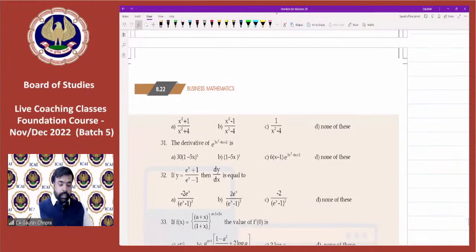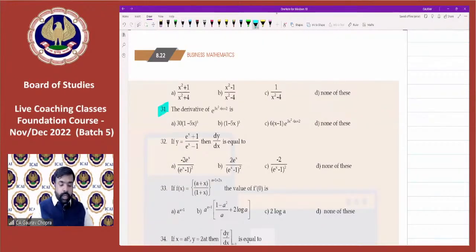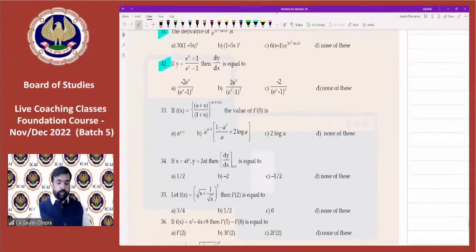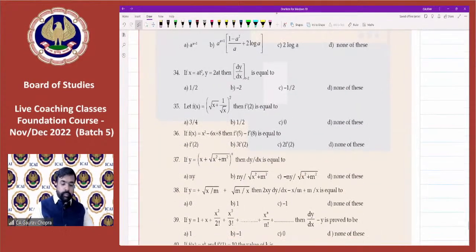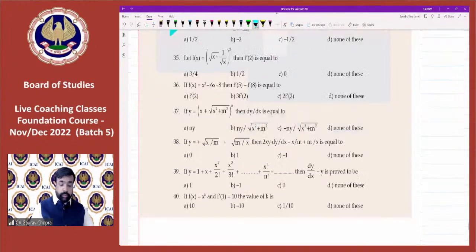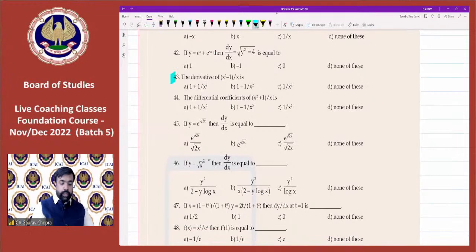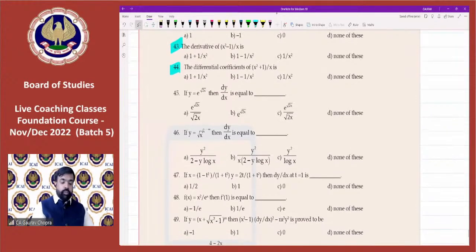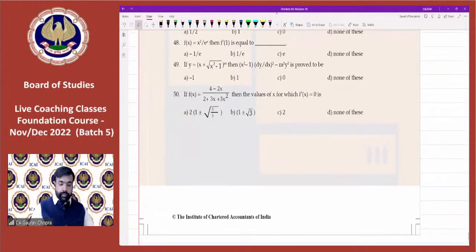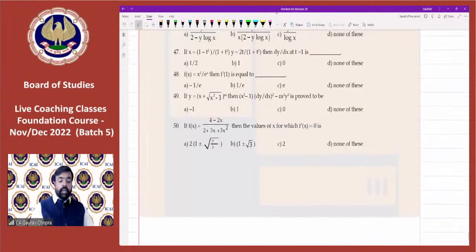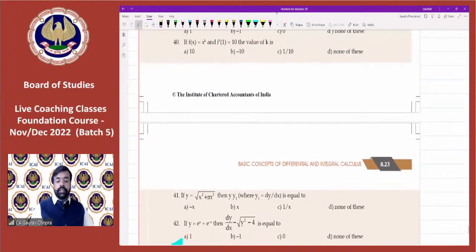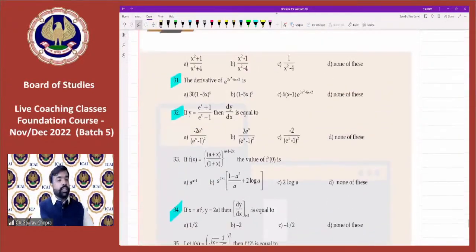Then 31 you can try. 32, then you can try 34, and then 43, 44, 45. That's it. So you can try these questions and revise all those which we have discussed today. Okay.